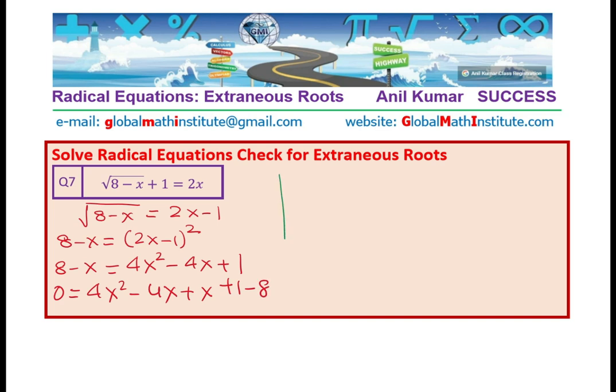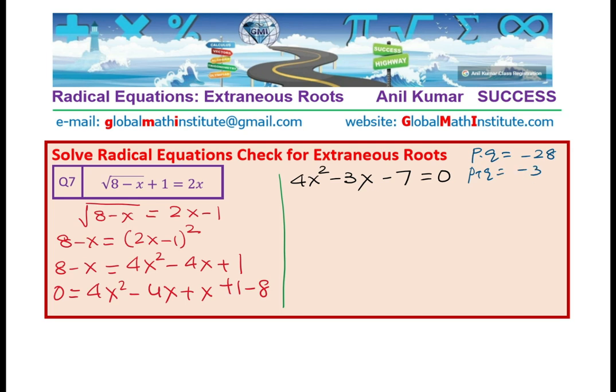Okay, great. So we can rewrite this equation as 4x squared minus 3x minus 7 equals 0. So we need sum and product. We are looking for product of two numbers p and q as minus 28, and the sum of the two numbers we are looking as minus 3.